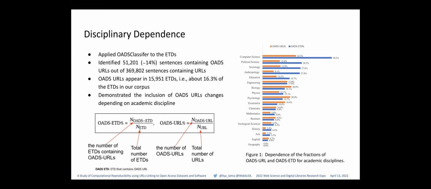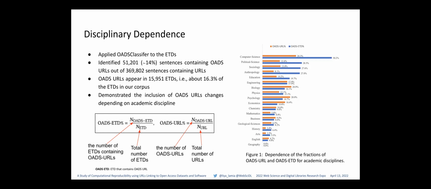In the later slides, I'm going to use the term OADS ETD, which means the ETDs that contain at least one OADS URL. We have also demonstrated that the inclusion of OADS URLs changes depending on academic discipline. In this particular figure, we have demonstrated the dependence of the fractions of OADS URLs and OADS ETDs on academic discipline.